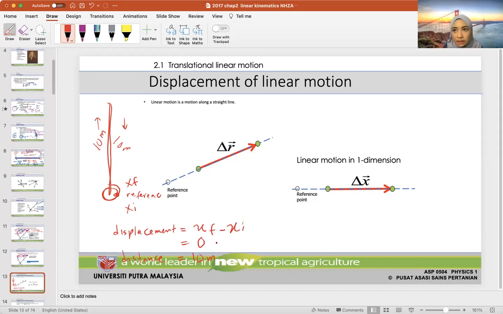Okay, it doesn't care about the final and initial, that's displacement's job. Distance is about the path. So distance is 10 plus 10. 10 goes up, 10 goes down. So 20 meters. 20 meters distance. Displacement is 0. Okay, later we will go into this. It's called free fall. Yeah, that's right. Displacement is 0. Okay.